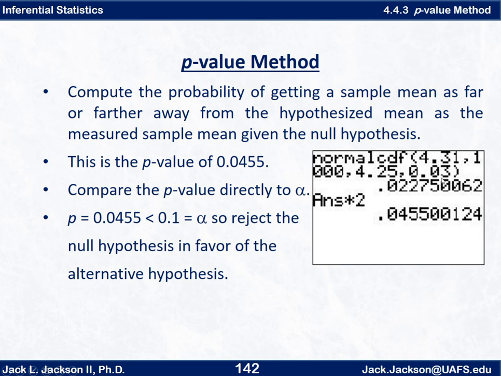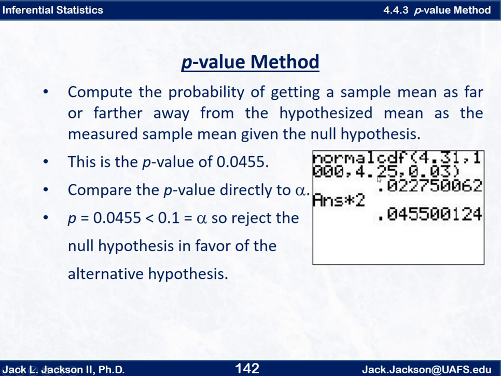So what we're going to do is a normal CDF from 4.31, technically to infinity. I just used 1,000 here. Or we could use 10 times the hypothesized standard deviation plus the hypothesized mean. I just went extra and went 1,000.